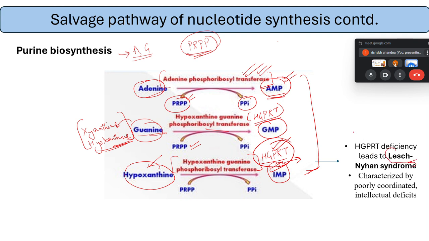So what happens during the deficiency or when there is a mutation in this particular gene, the HGPRT enzyme goes down. So this leads to the accumulation of the hypoxanthine and all those preformed bases in the brain. That leads to poorly coordinated and intellectual defects in children that are less than 2 years old.